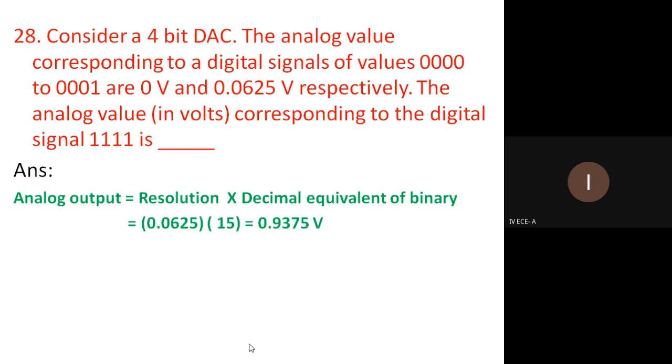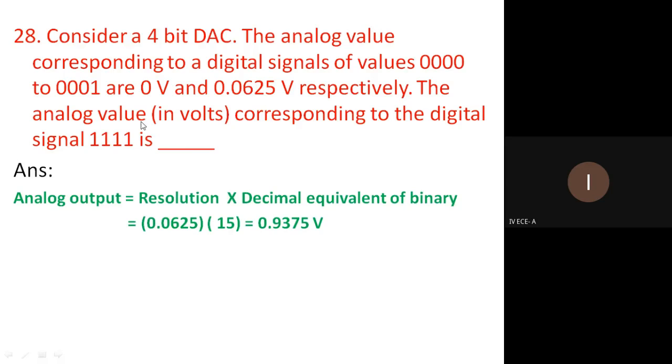The analog voltage in volts corresponding to digital signal 1111 is, they are asking for. Simply we have to multiply the 4-bit value by 0.0625. For example, for 4 zeros the output voltage is equal to 0. For 0001, the next value, we are getting 0.0625. That means for one input, for one, we get 0.0625 volt.